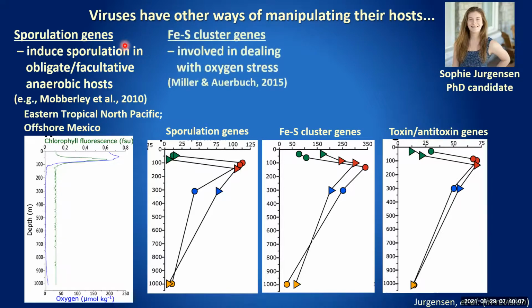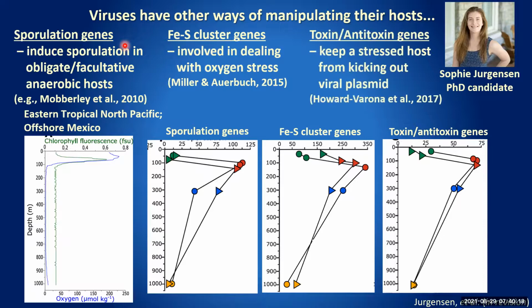Then she finds that while iron sulfur cluster genes can be used in a lot of different things, they have been found to be involved in dealing with oxygen stress. And finally, she finds papers showing that toxin antitoxin genes in viruses have been used to keep a stressed microbial host from kicking out a viral plasmid.